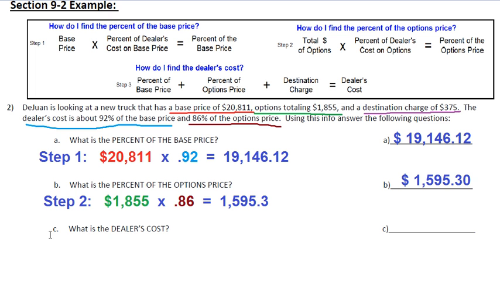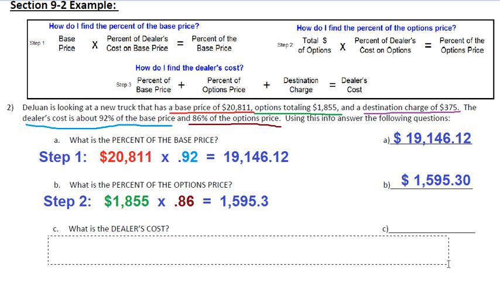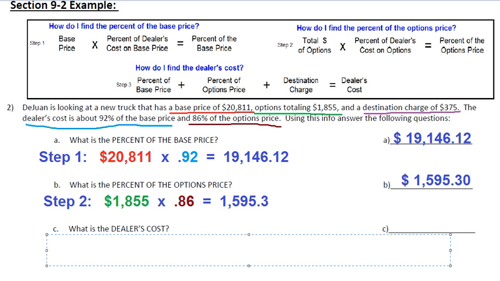All right, we are now at letter C. Letter C, we get back into a formula we're fairly familiar with by adding. We're going to take that $19,146.12 and that $1,595.30 that we received for letters A and B, and we're going to add that to the destination charge of $375.